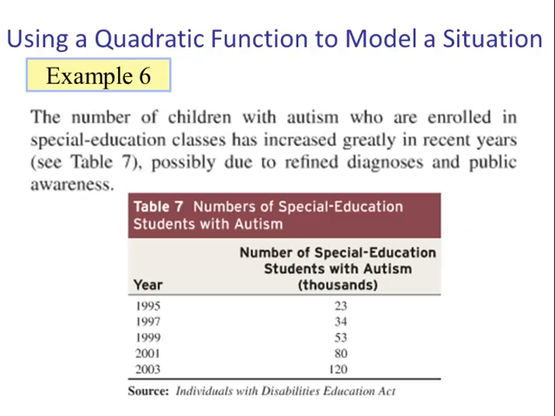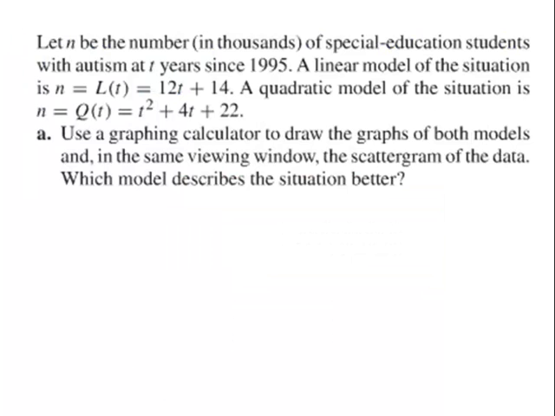Example 6. The number of children with autism who are enrolled in special education classes has increased greatly in recent years. See Table 7. Let n be the number in thousands of special education students with autism at t years since 1995. A linear model of the situation is n equals L of t equals 12t plus 14.